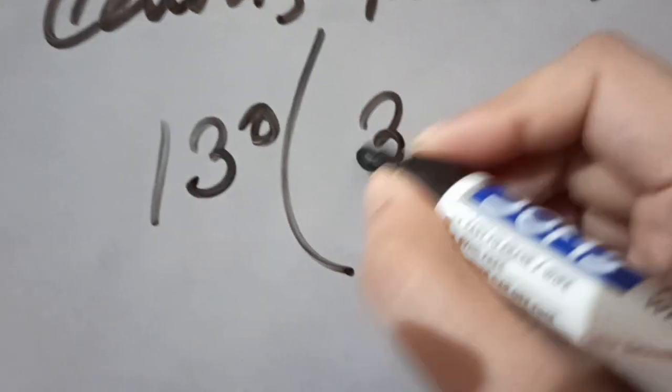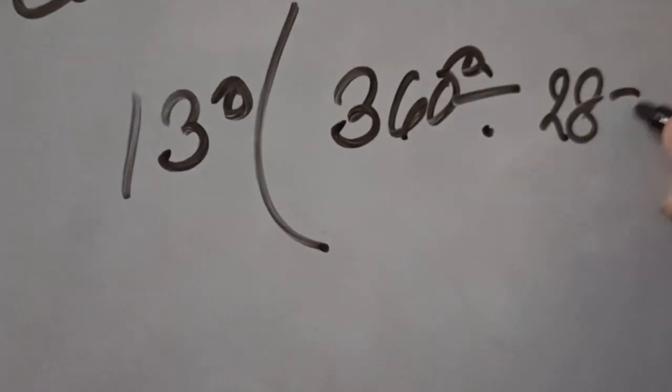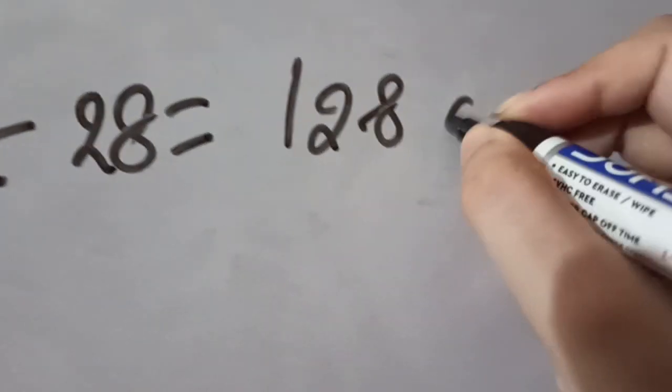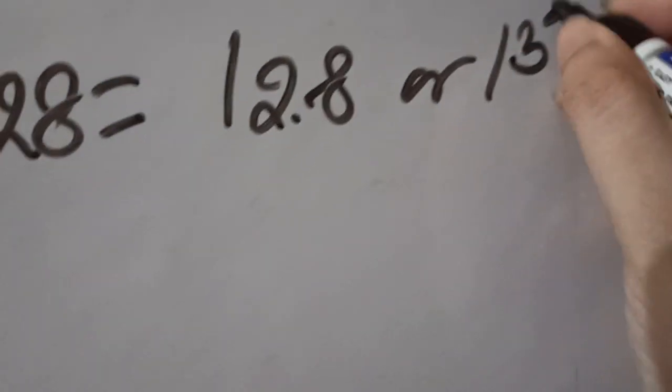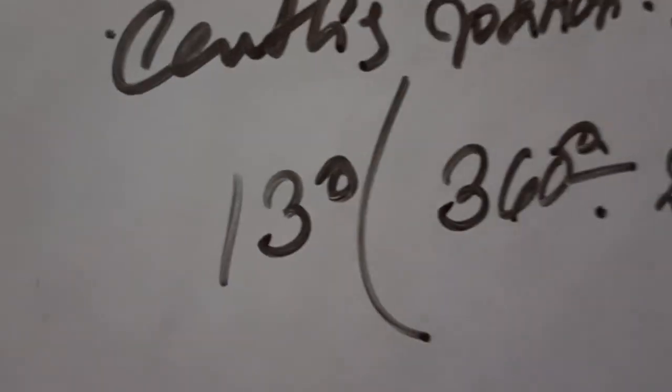So in a day the moon moves farther at an angle of 13 degrees. How are we getting this 13 degree? We have 360-degree movement which is divided by 28, and we get a value of 12.8 or approximately 13 degrees.